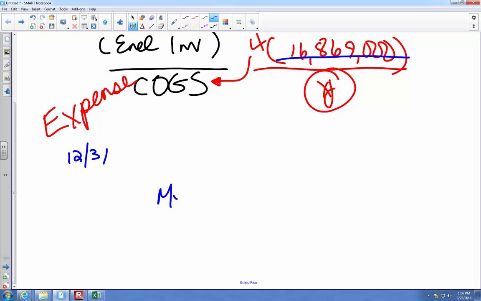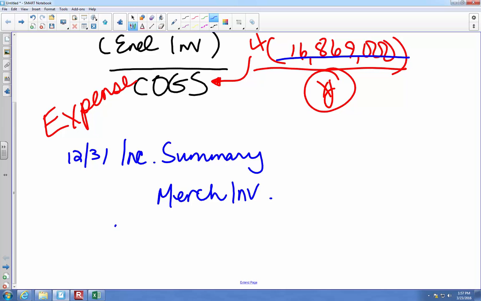So you're going to get your beginning inventory off the books: credit inventory, debit income summary. Yep, and then you're going to turn around and put on your ending balance.